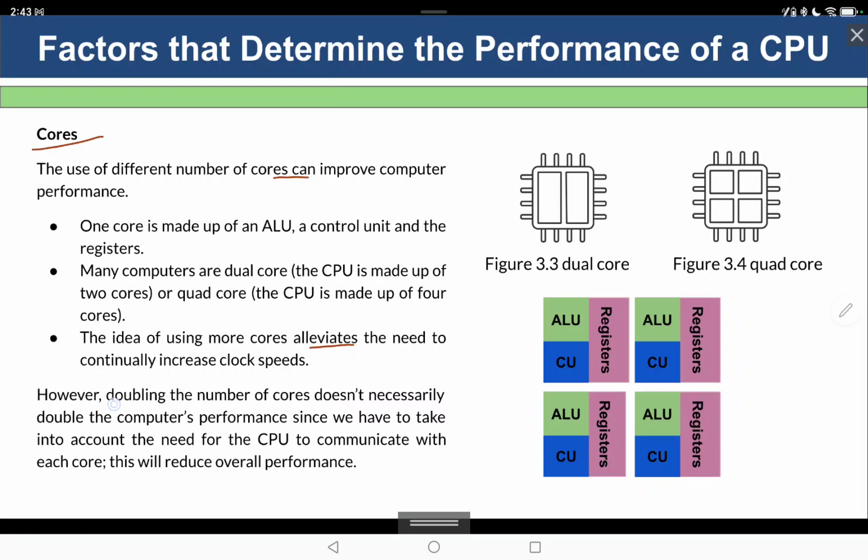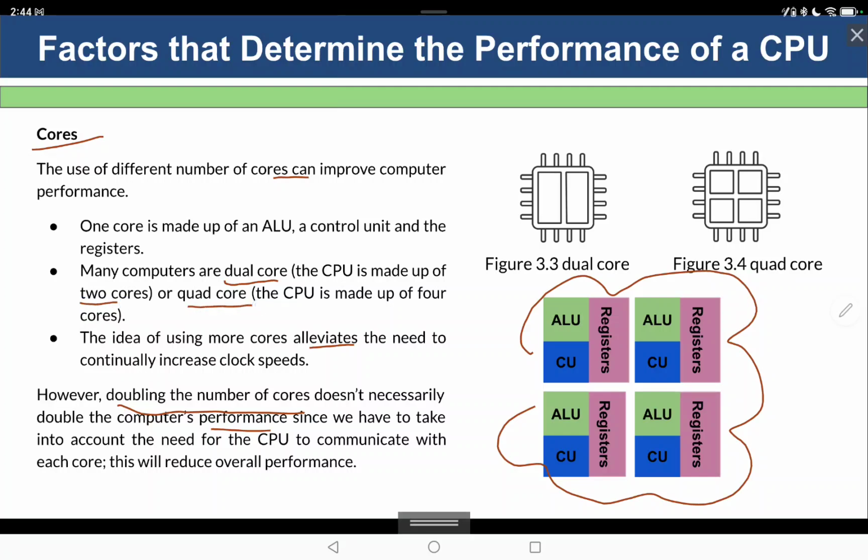However, doubling the number of cores doesn't necessarily mean that we are doubling the performance of the system, since the CPU needs to communicate with each core, and while communicating with each core, this will reduce overall performance. Many computers have dual core, which means that the CPU is made up of 2 cores, or quad core, which means that the CPU is made up of 4 cores.